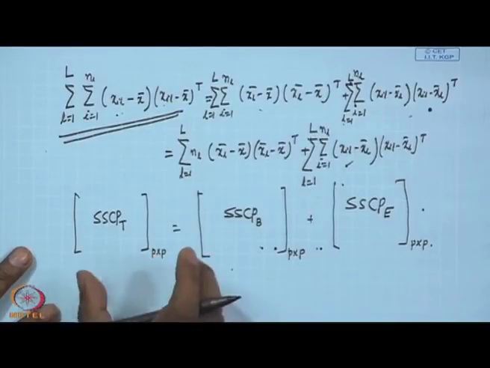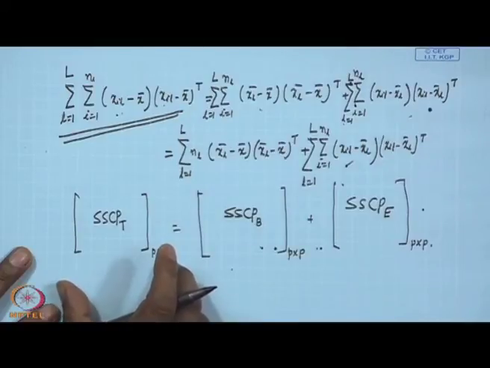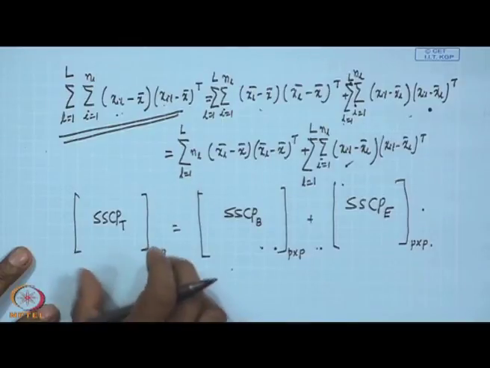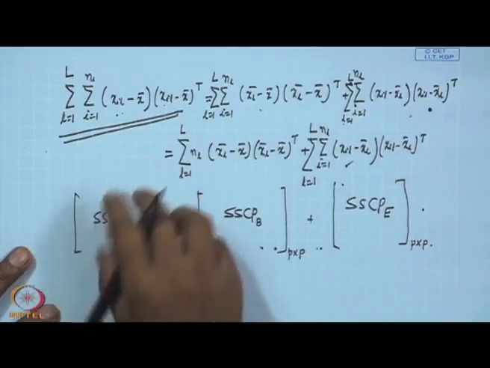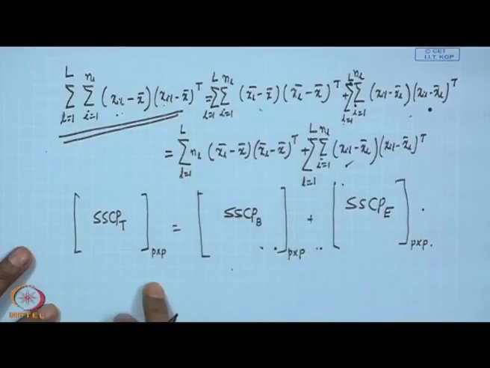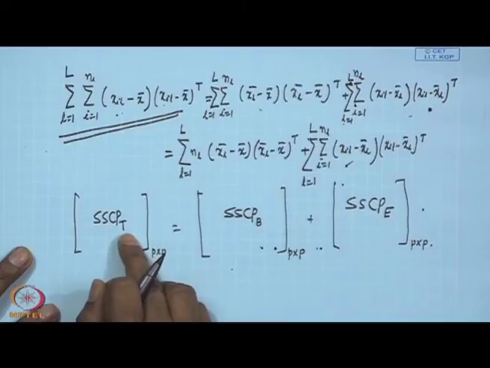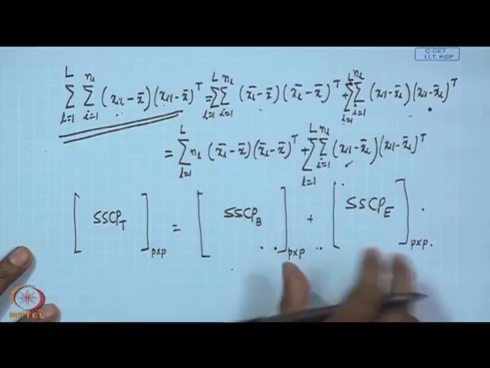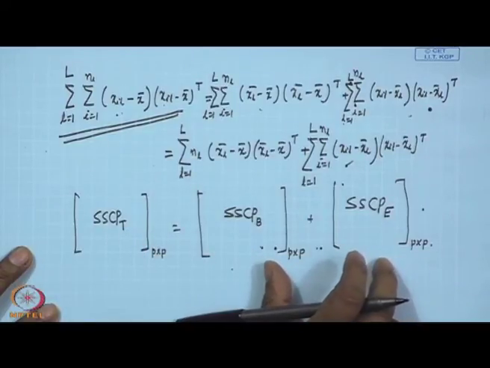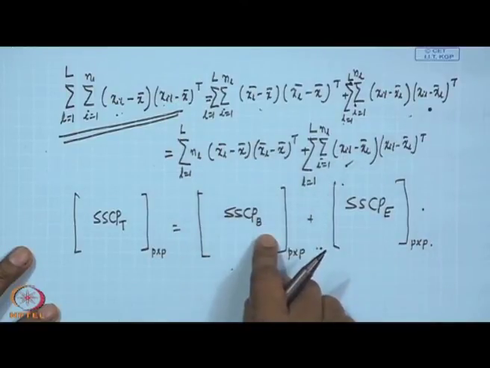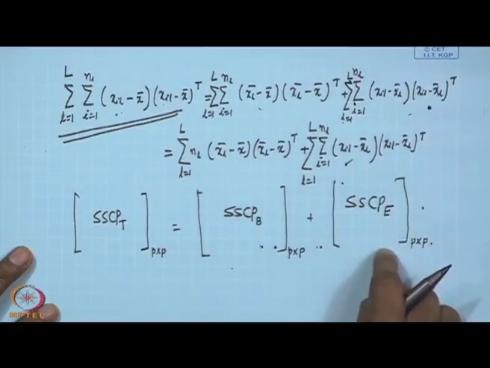So, the total covariance matrix, okay, it is not actually the covariance, which would be divided by the degrees of freedom. We can write that the total sum square cross product matrix is divided into two sources of variability, one is the population, the other one is the error.